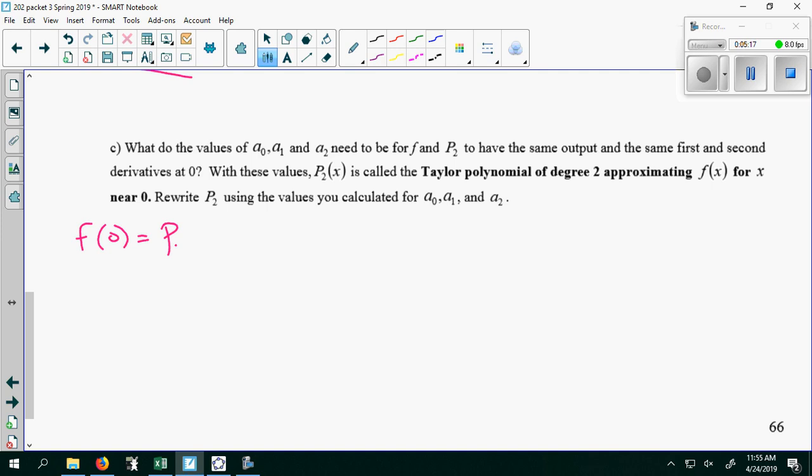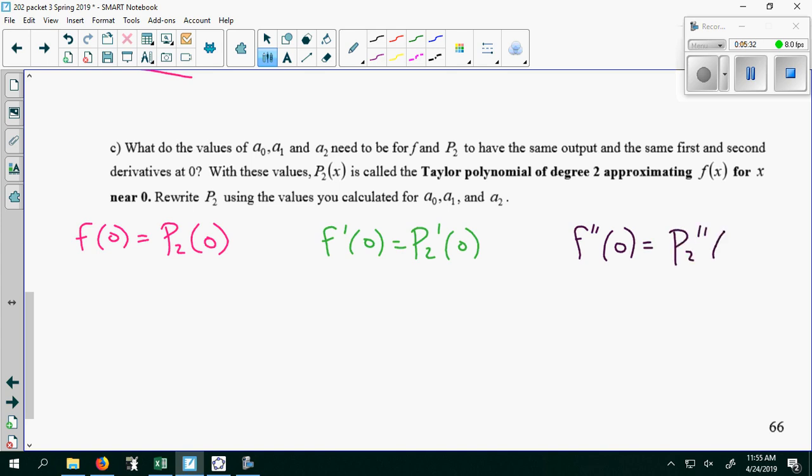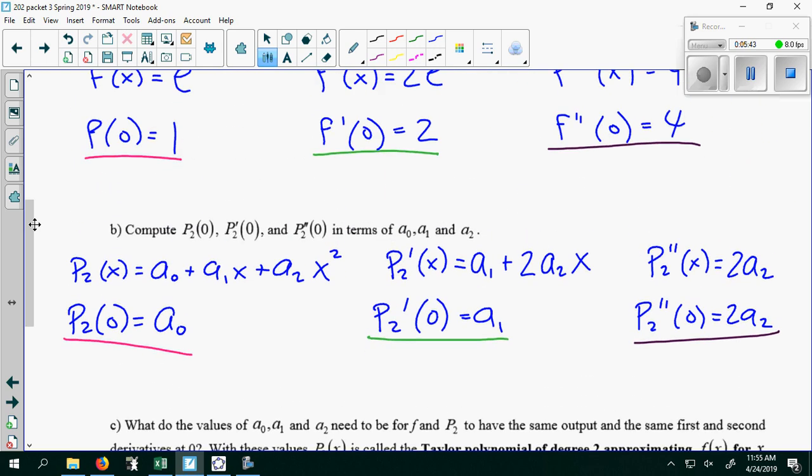So f of 0 has to equal P2 of 0. f prime of 0 has to equal P2 prime of 0. And f double prime of 0 has to equal P2 double prime of 0. So I'm going to plug in here. f of 0 was 1. P2 of 0 was a0. Just replacing, f of 0 was 1 and P2 of 0 is a0.